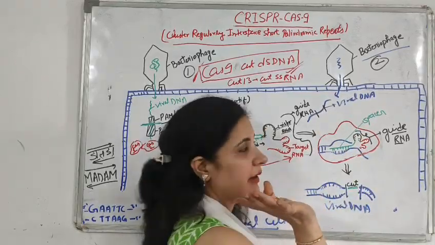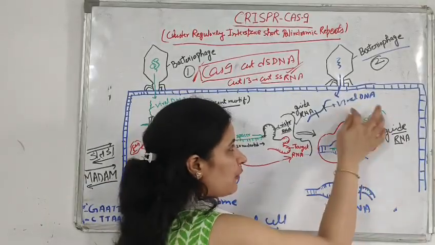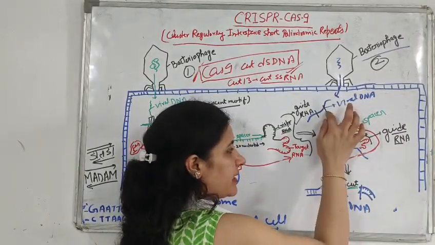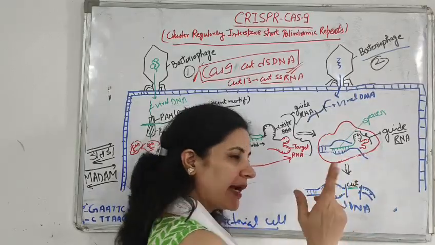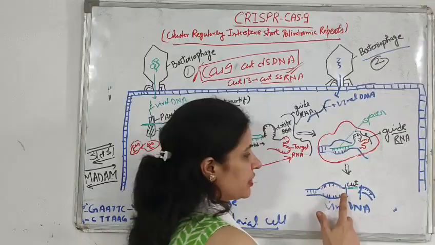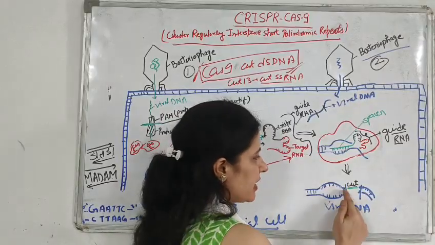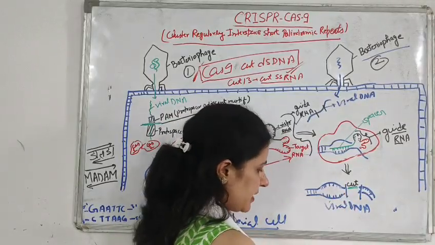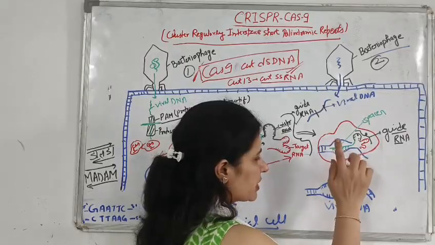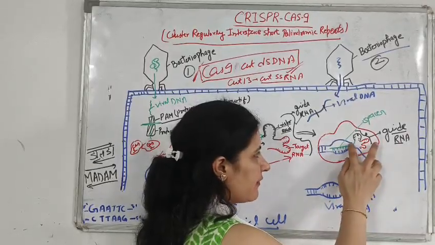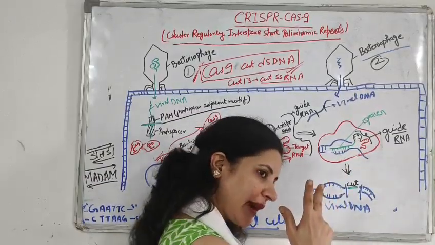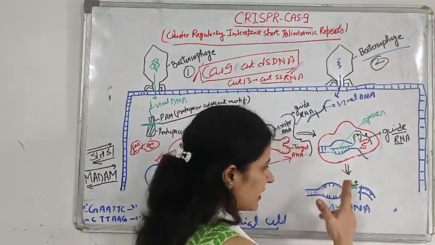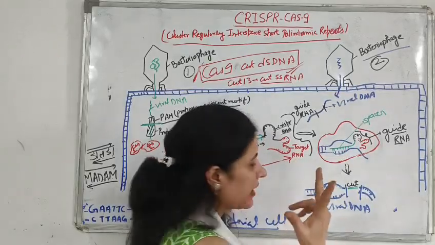Once this guide RNA recognizes it, then this Cas9 protein will make a cut like a scissor at that recognition site. Suppose this is the complementary sequence to this spacer RNA, and the guide RNA will recognize it. Then the Cas9 protein will act as a scissor and cut that viral DNA.